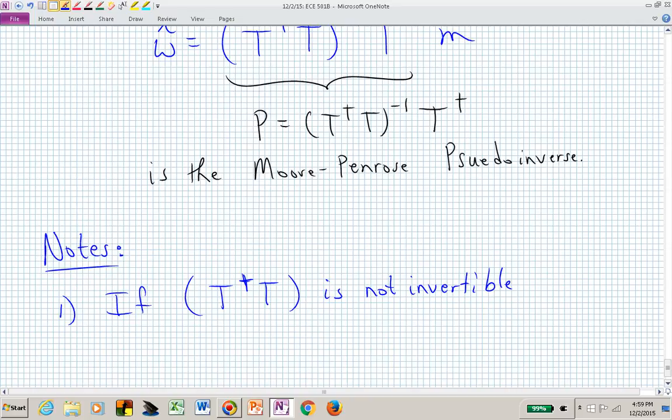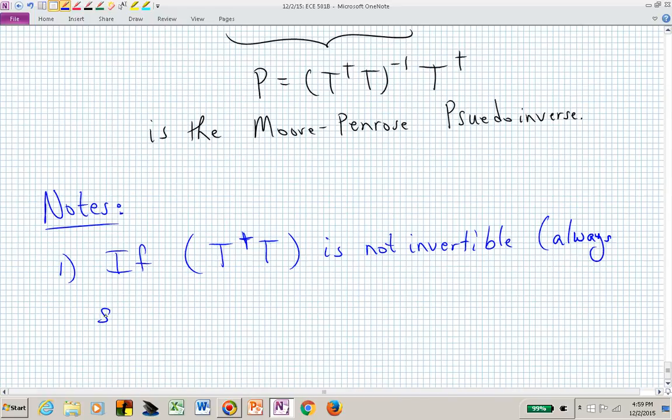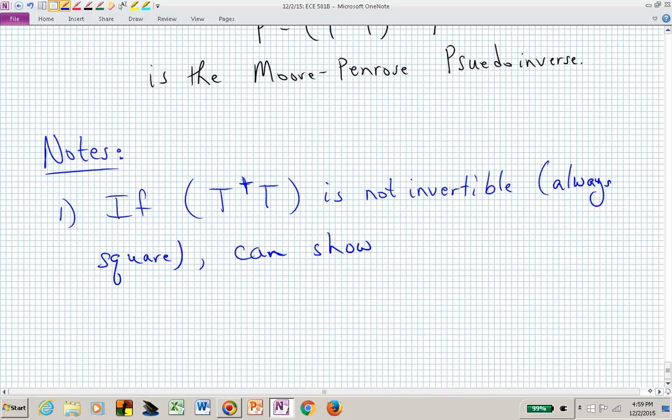Now the nice thing is it is always square. Then it can be shown that if we define the pseudo-inverse P to be the limit as epsilon gets small in the following expression, T dagger T plus epsilon I, that does have an inverse for a small positive epsilon, times T adjoint.